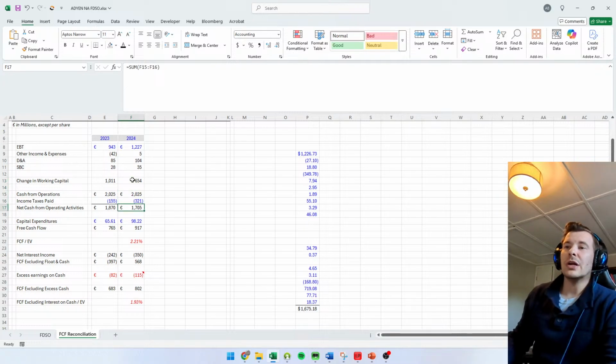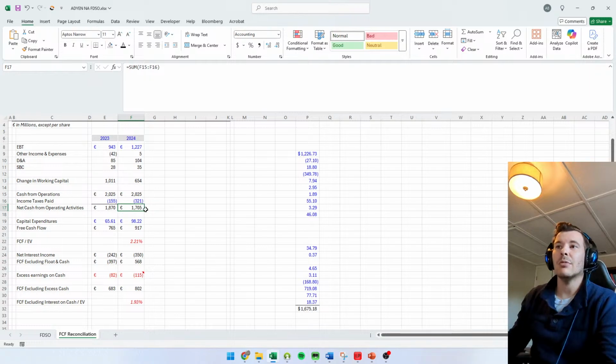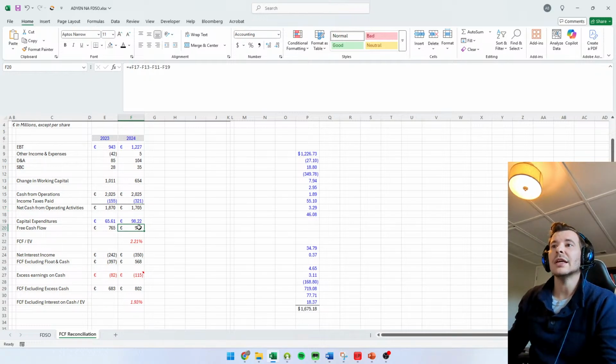So we are looking at the actual cash going into the business, which is great and can help be reinvested by Adyen. So this is the cash they would have available if they needed to finance an acquisition, a big capital expenditure, etc.